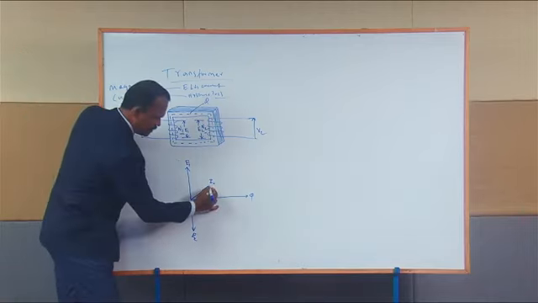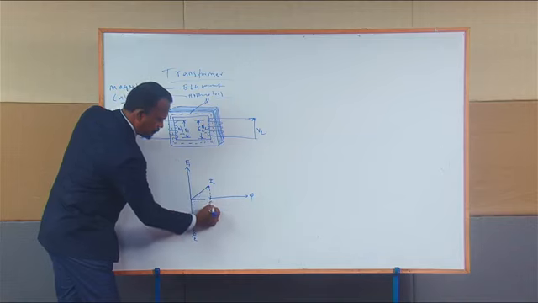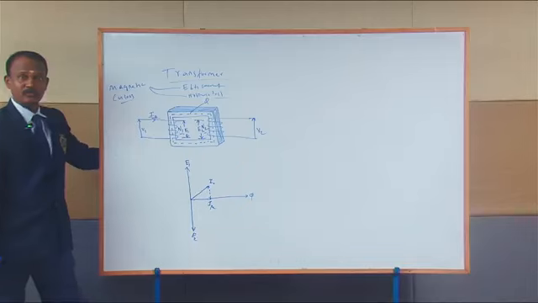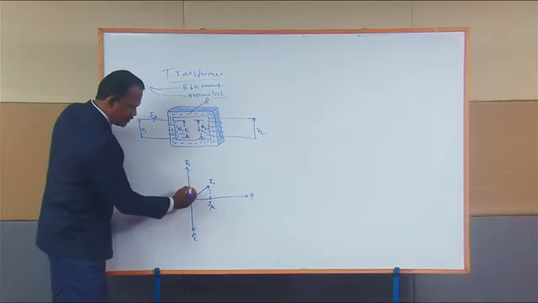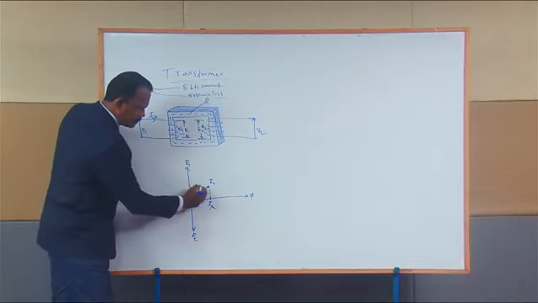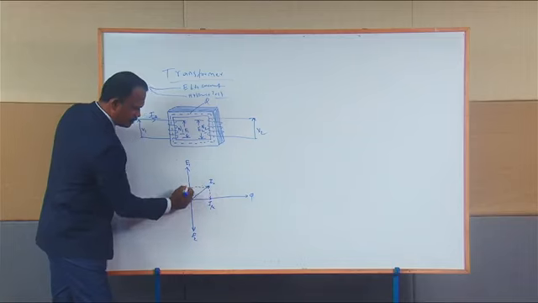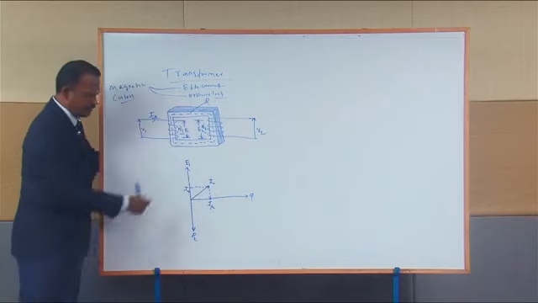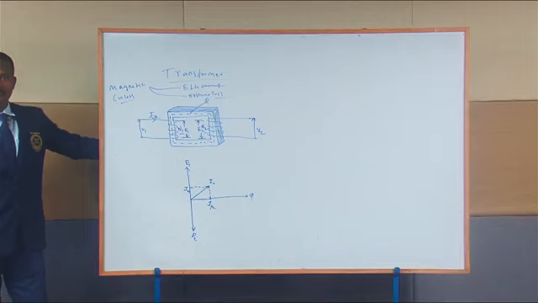So this is my I mu, and this component I call IW. I mu is the magnetizing component of current, and IW is the wattful component of current.